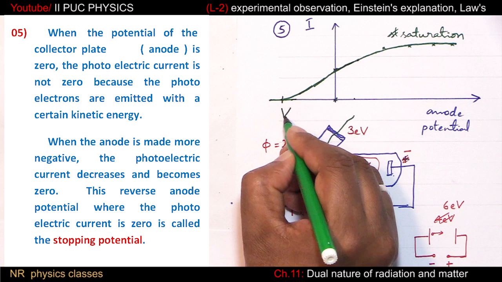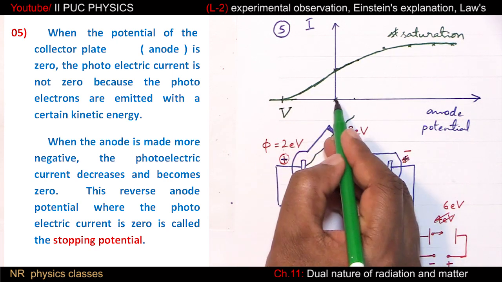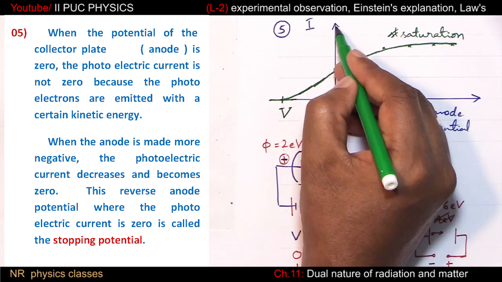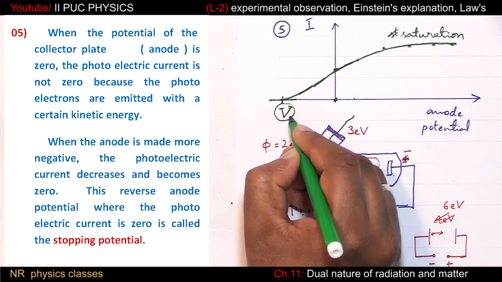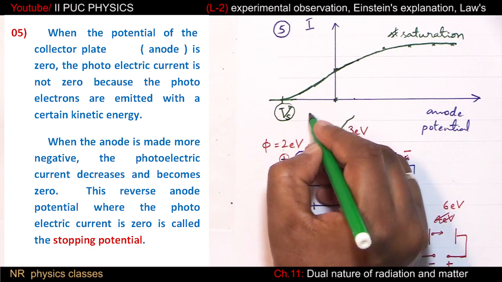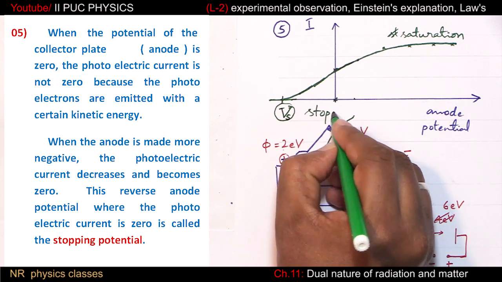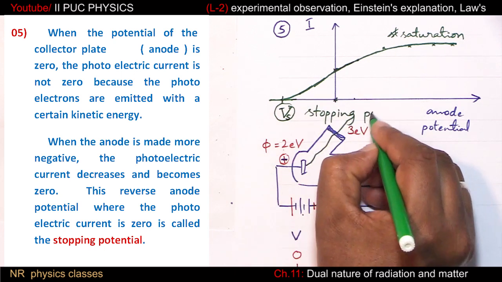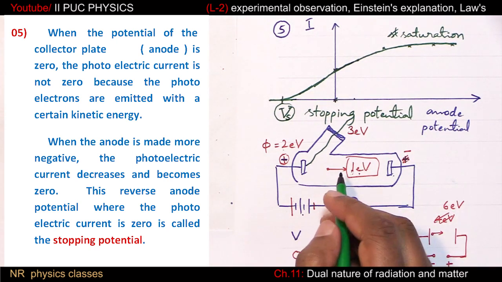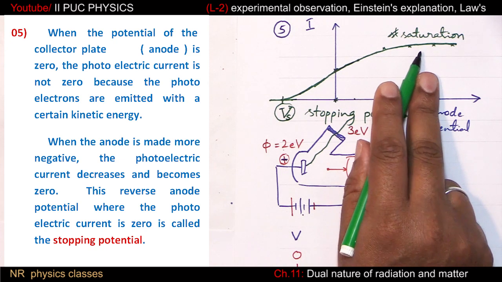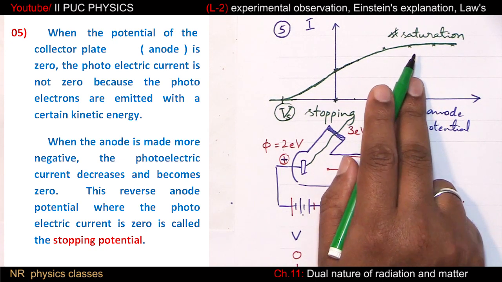So at some reverse voltage, current becomes 0, and this reverse voltage is called stopping potential, denoted by Vs. Stopping potential. So this is the graph. This is fourth observation.